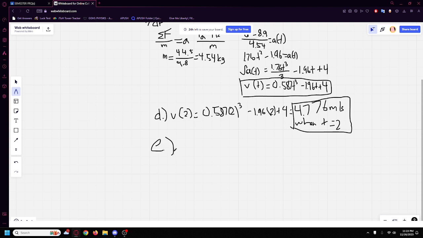The integral will be 0.587 t to the fourth over 4 minus 1.96 t squared over 2 plus 4t plus c.